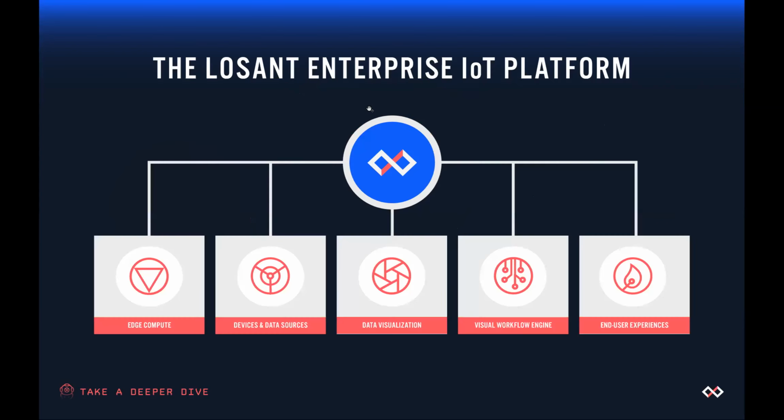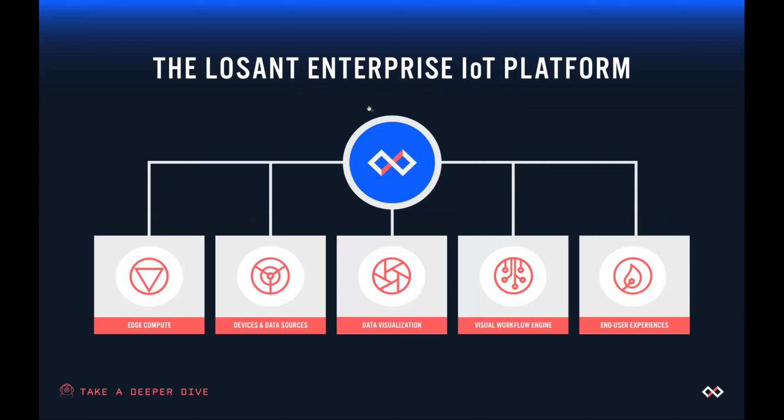And before we dig into it, I want to provide a brief overview of what Losant is. We are a cloud-based application enablement platform specifically designed for IoT. We provide that foundation and those building blocks on which our partners and customers build their own IoT applications.